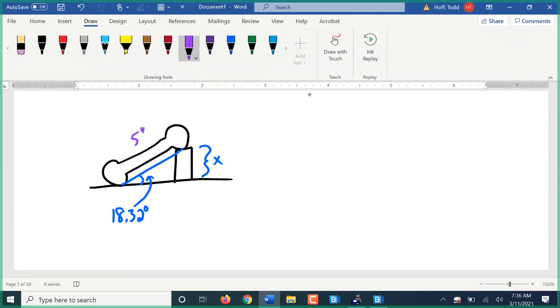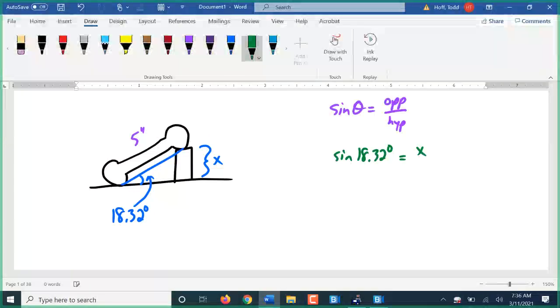So once again, I'll write down my function. It's going to be sine of theta equals opposite over hypotenuse. This time I know that the angle is 18.32 degrees. My opposite side is my gauge block buildup. That's X. That's what I'm trying to find. Over my hypotenuse, which is 5 inches again in this case.